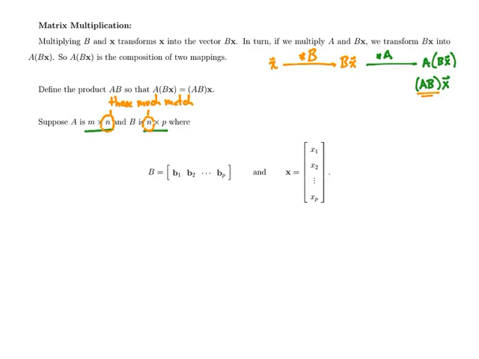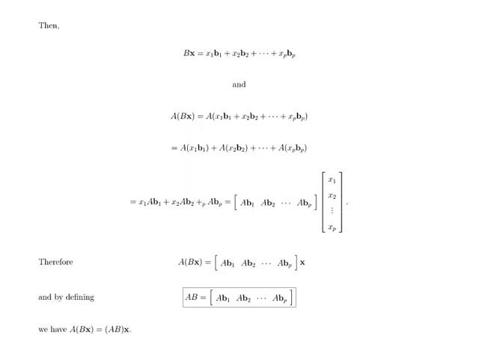So B is an n by p matrix, so we have these n vectors and p of them. And then x is just an arbitrary vector of length p that could be any real numbers there. So if I take Bx, that is a linear combination of the columns of B with the entries of x. We have x1 b1 plus x2 b2 all the way to xp bp.